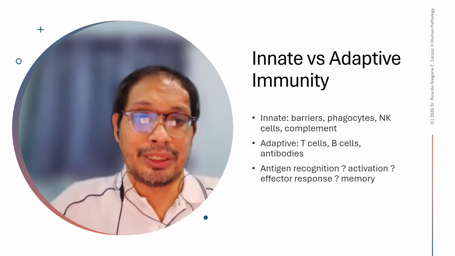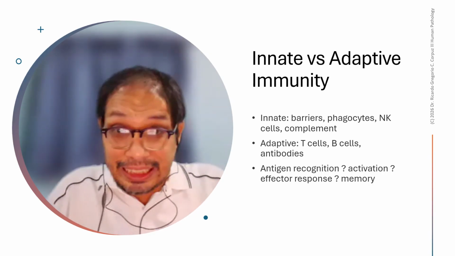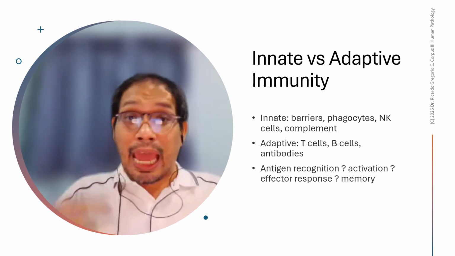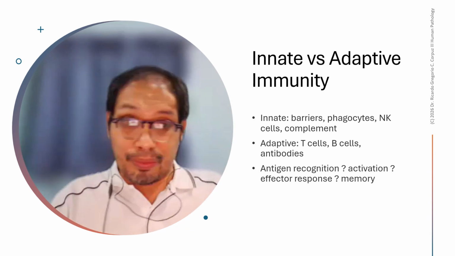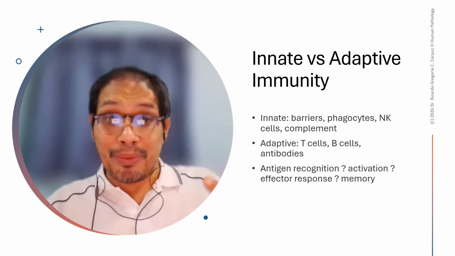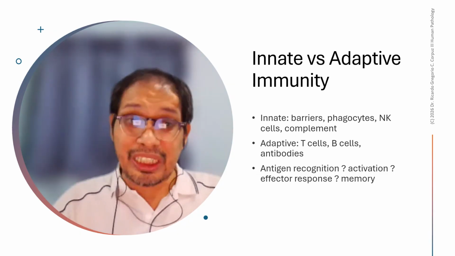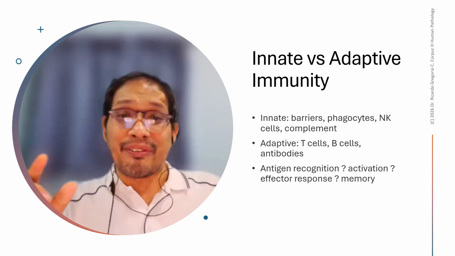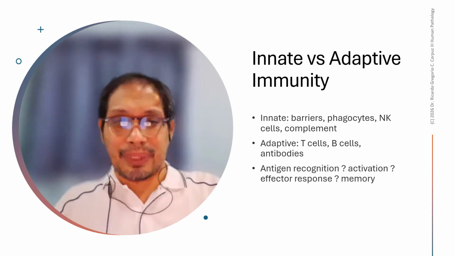Effector response. Activated T cells activate macrophages to kill infected cells or help B cells. B cells produce antibodies that neutralize, opsonize, or fix complement. The memory: adaptive immunity generates long-lived memory cells. This explains the vaccine's effectiveness and rapid secondary responses.